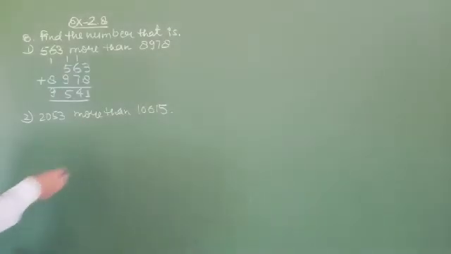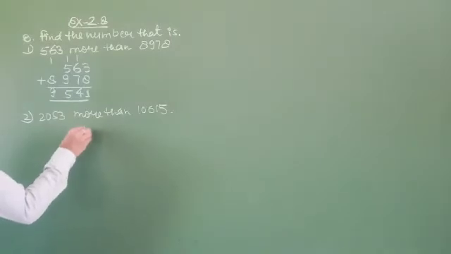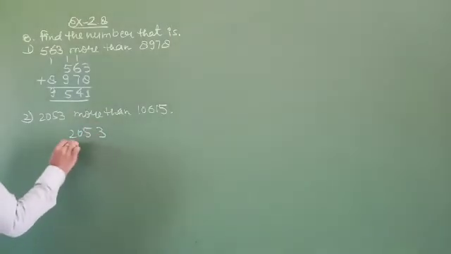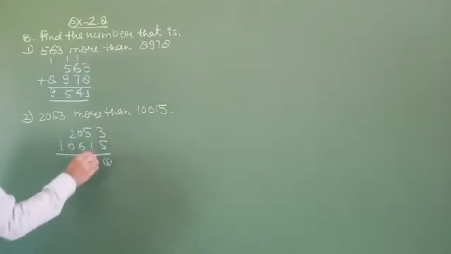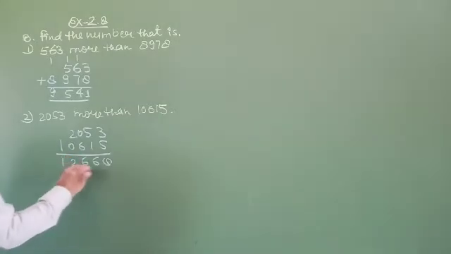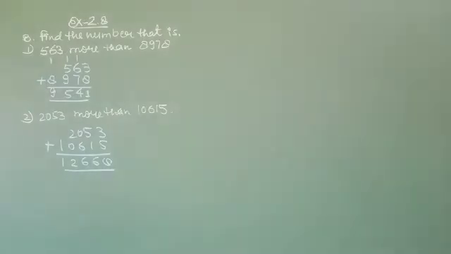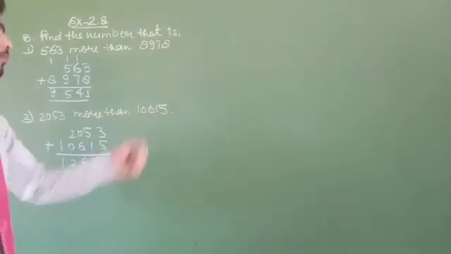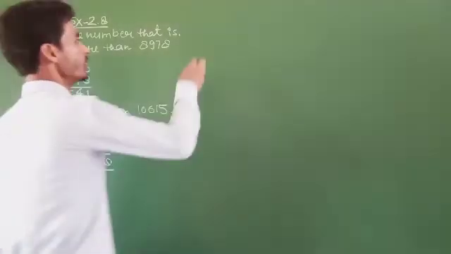So we have to add 2053 plus 10,615. That is 12,668. So the number is 12,668. 12,668 is 2053 more than 10,615.